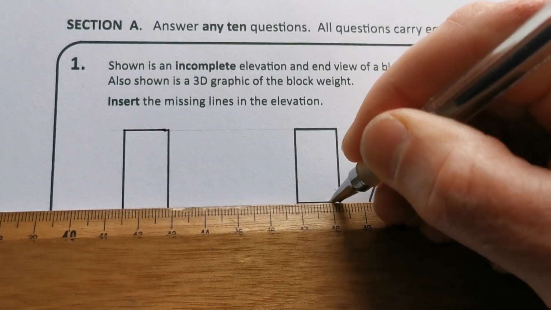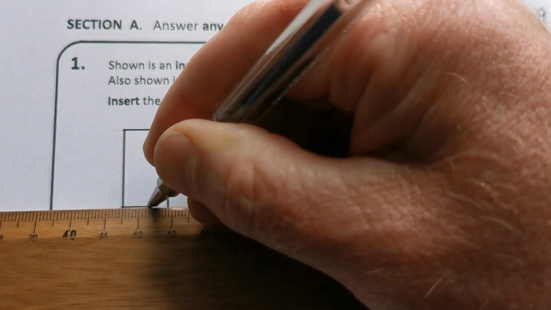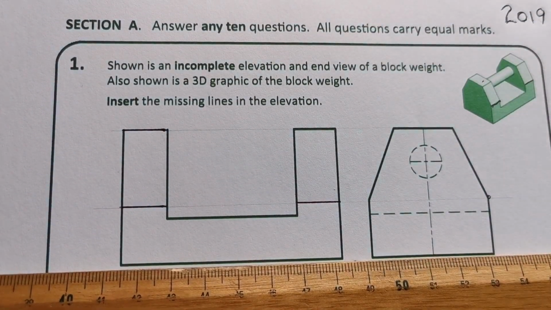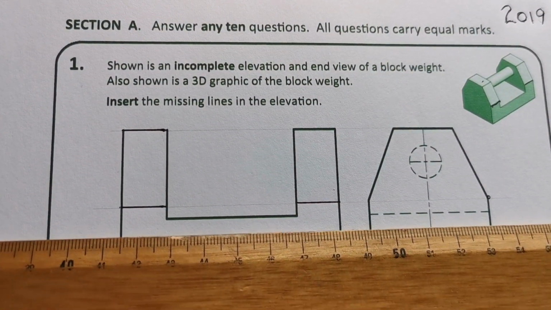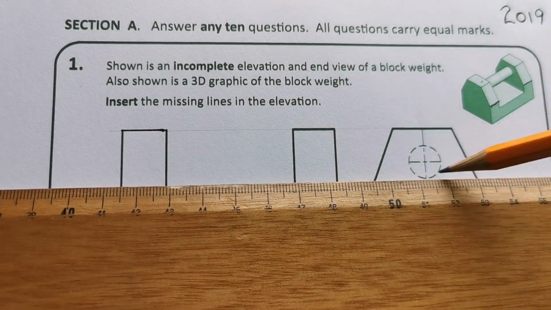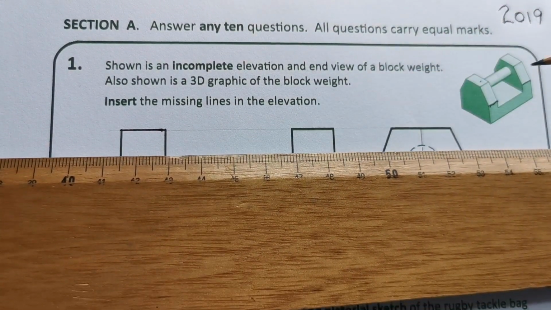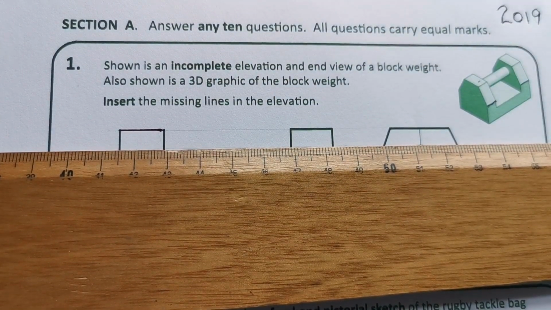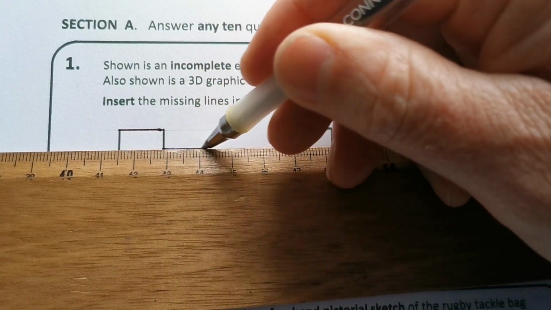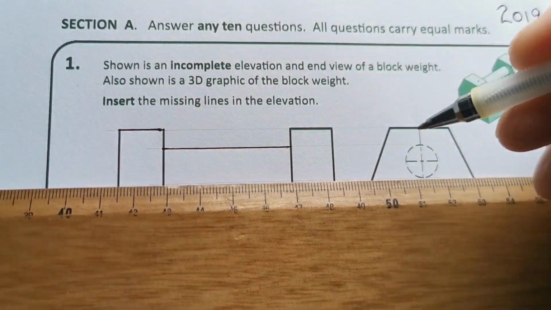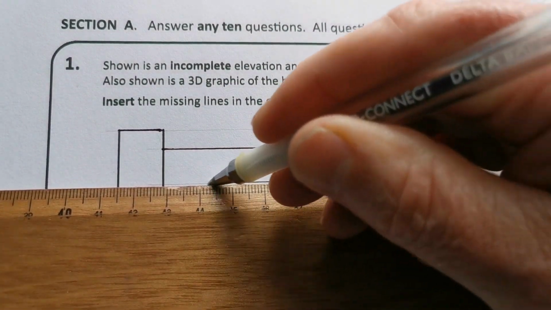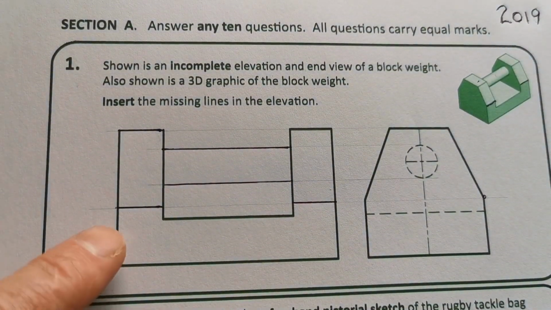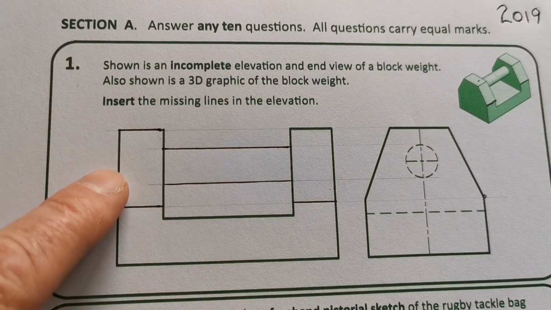So that's where it changes from being vertical to sloping back. And finally, I've got to bring across the round handle, so I'm just bringing the bottom and the top of that. Heavy those in. And that is that one sorted.